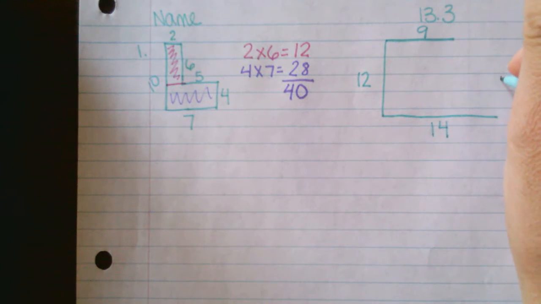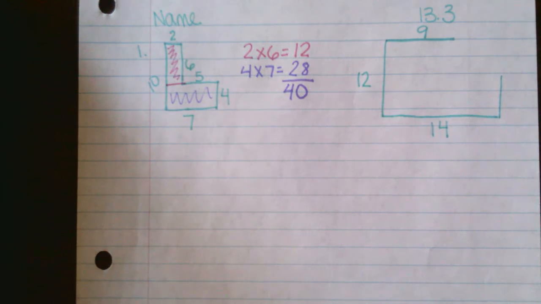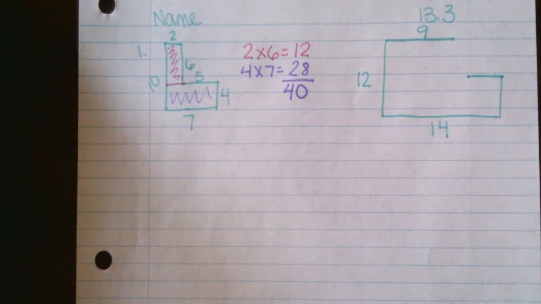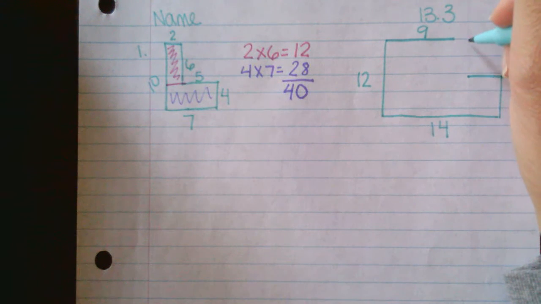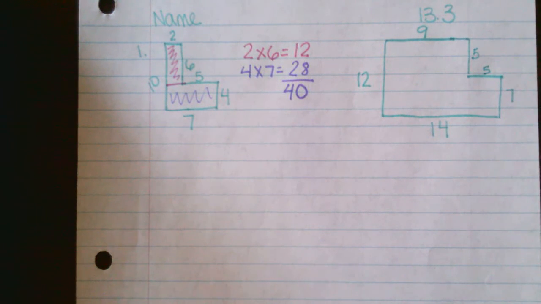It's coming up 7, so just a bit half over the 12. It's going to come in 5 and up 5, and we're going to connect. I'll give you some time so that you guys can come up with that shape for me.